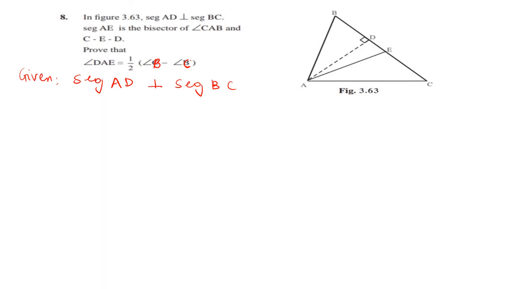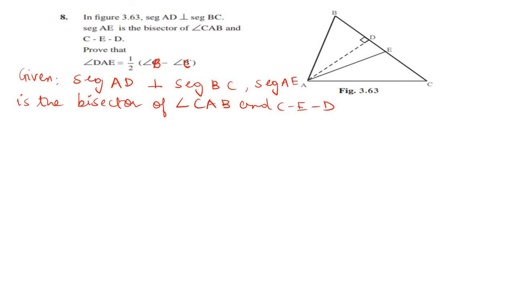Then segment AE is the bisector of angle CAB and such that C, E, D are points that lie in the same line. To prove that angle DAE is equal to half of angle B minus angle C.